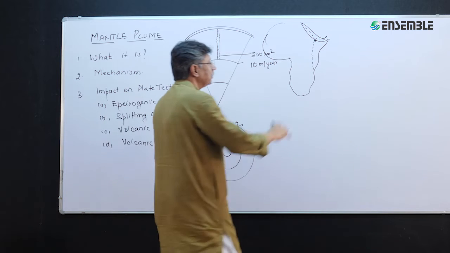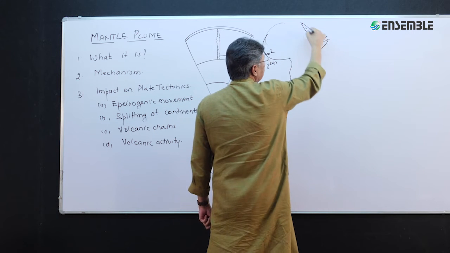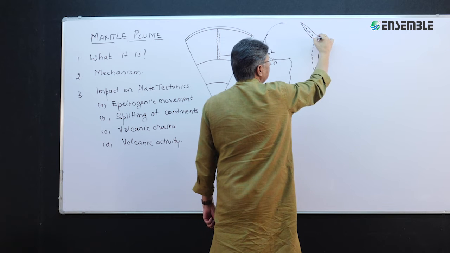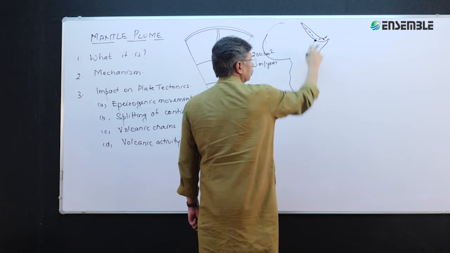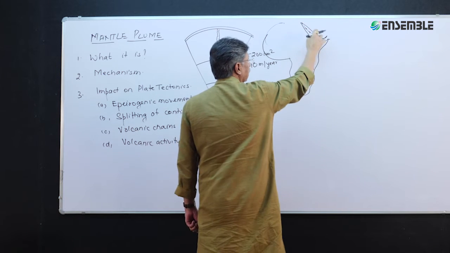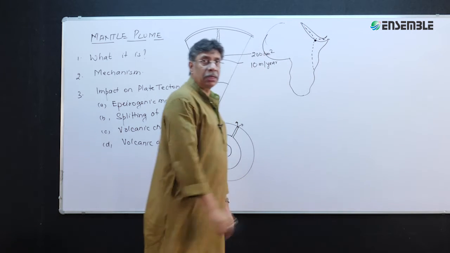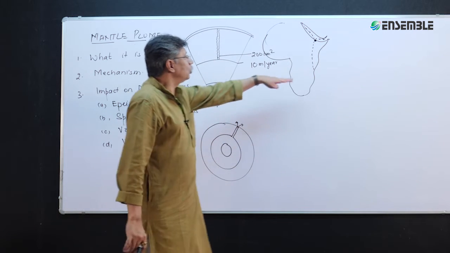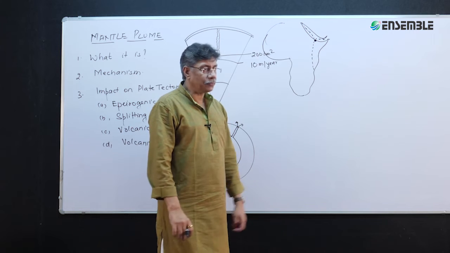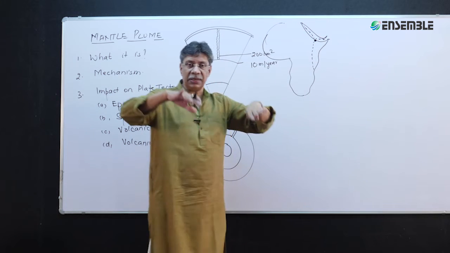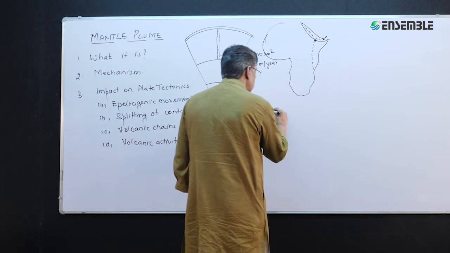And when it has uplifted, it has created a crack in three different directions. One goes towards the African Valley, another towards the Red Sea, and the third towards the Gulf of Aden. So what it has done here is that it has led to the formation of a dome.